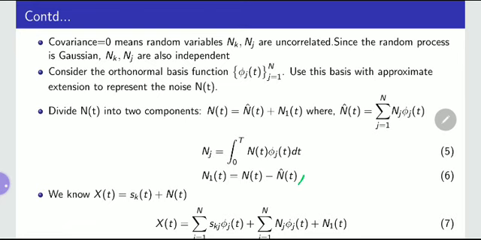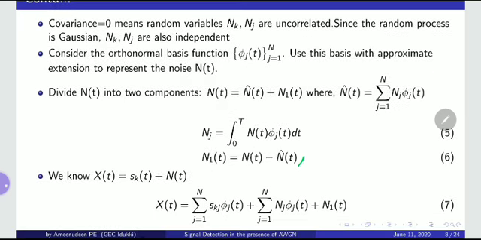We already know that the received signal random process x of t is sk of t plus n of t. So we substitute for sk of t and n of t, and we get the expression sigma j equal to 1 to N skj phi j of t. Combined with the noise terms, this represents n cap of t, the N dimensional projection of the noise, and n1 of t is the remaining noise.